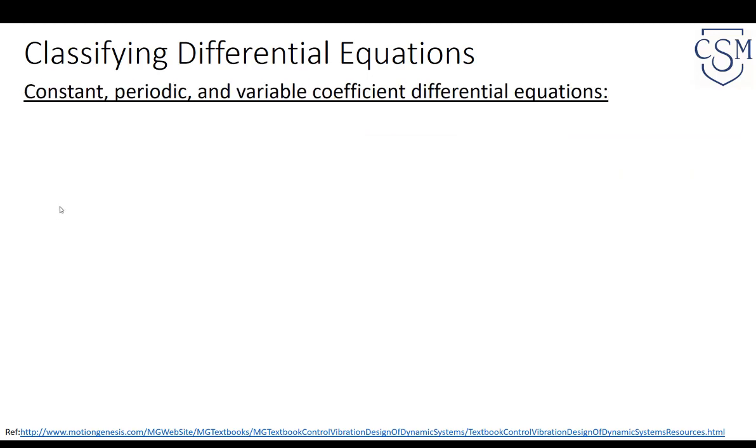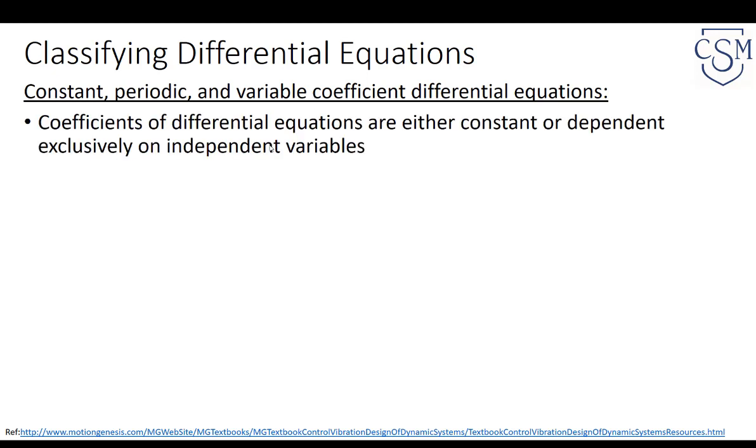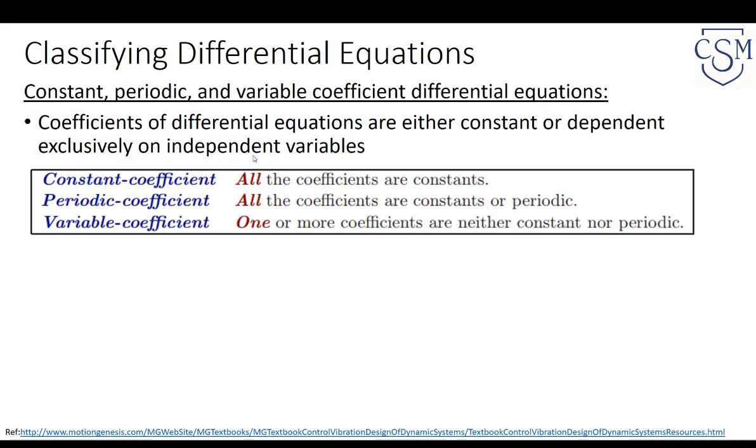We can also classify differential equations as being constant, periodic, or having variable coefficients. Coefficients can be either constant or dependent exclusively on independent variables, such as time. So for a constant coefficient differential equation, all of the coefficients must remain constant with respect to the independent variable.